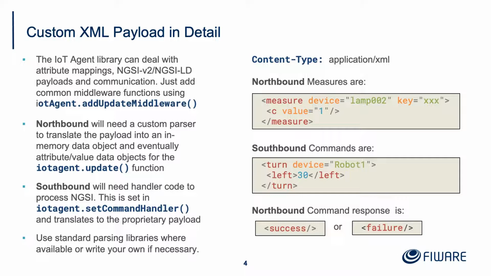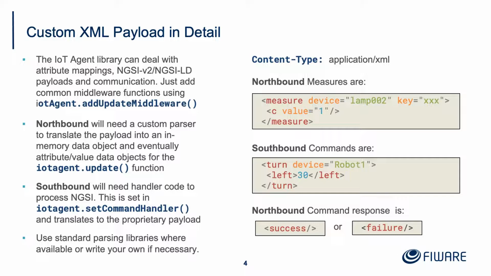I need to take it from the request and get it into memory so I could then massage it and create the necessary attribute value data objects, which is just a pair attribute X value Y, attribute X value Y, which is then processed later by the IoT agent itself. And then just push it up using the update function.